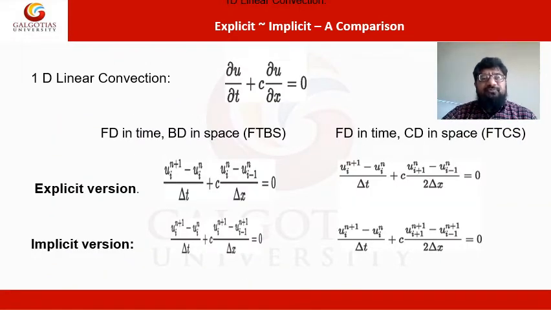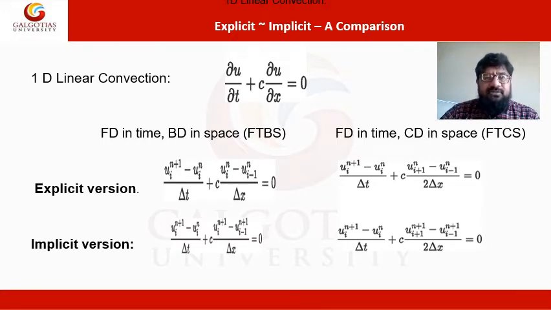So suppose we have a 1D linear convection equation, which is called advection: del u by del t plus c del u by del x equals 0, where u is some property and c is the speed at which this property is convected or advected.